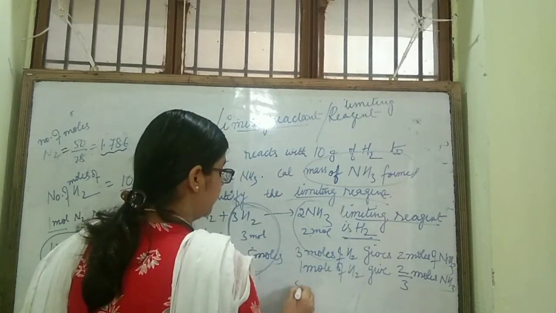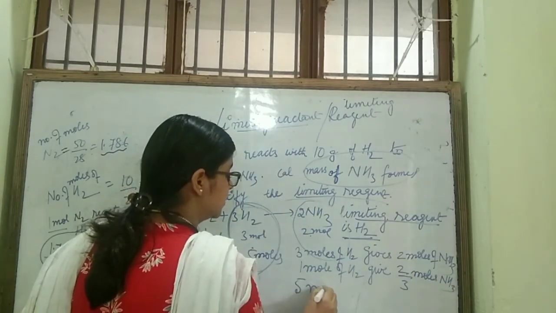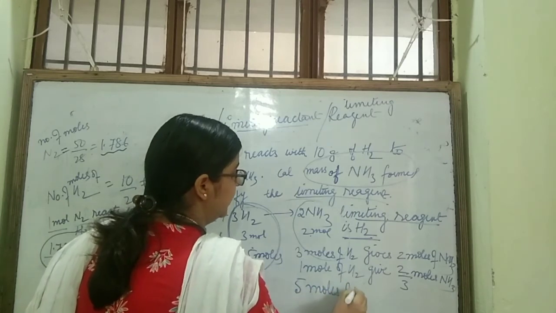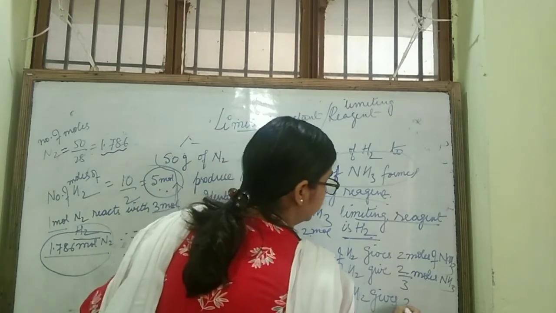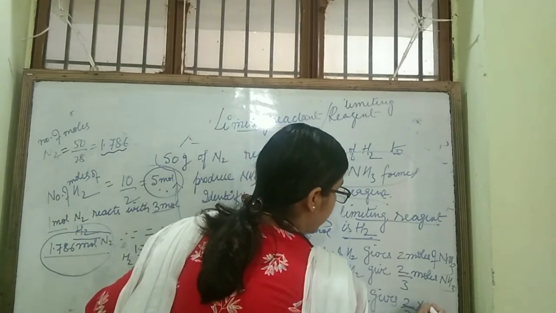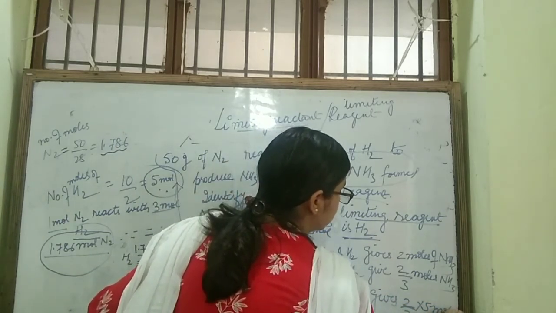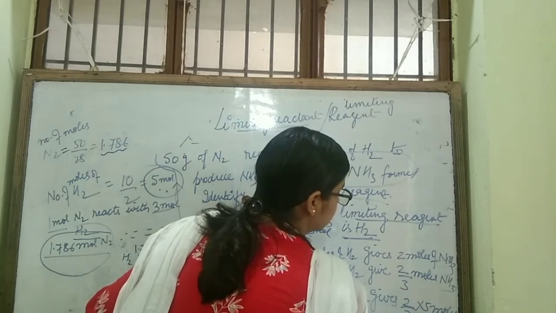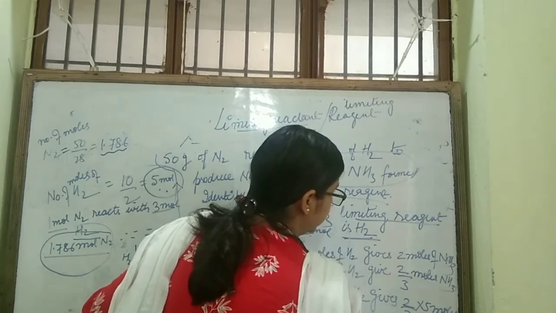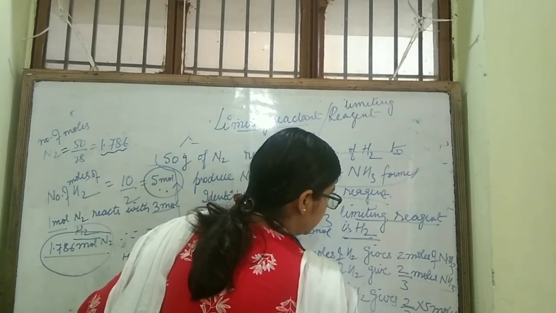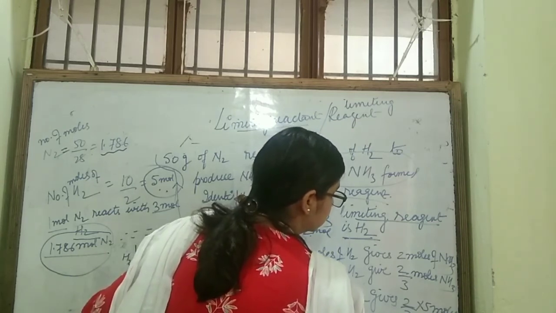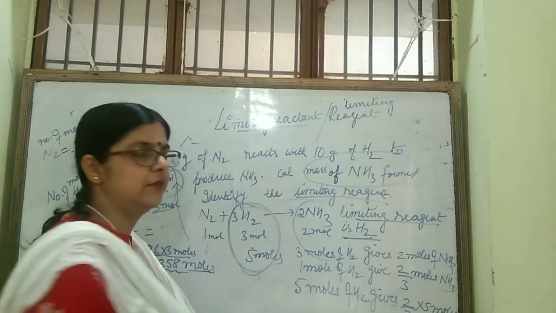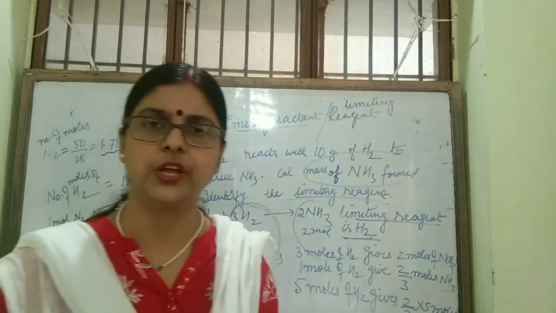So, 5 moles of hydrogen gives 2/3 into 5 moles of ammonia. So, it will be 10/3 moles of ammonia.